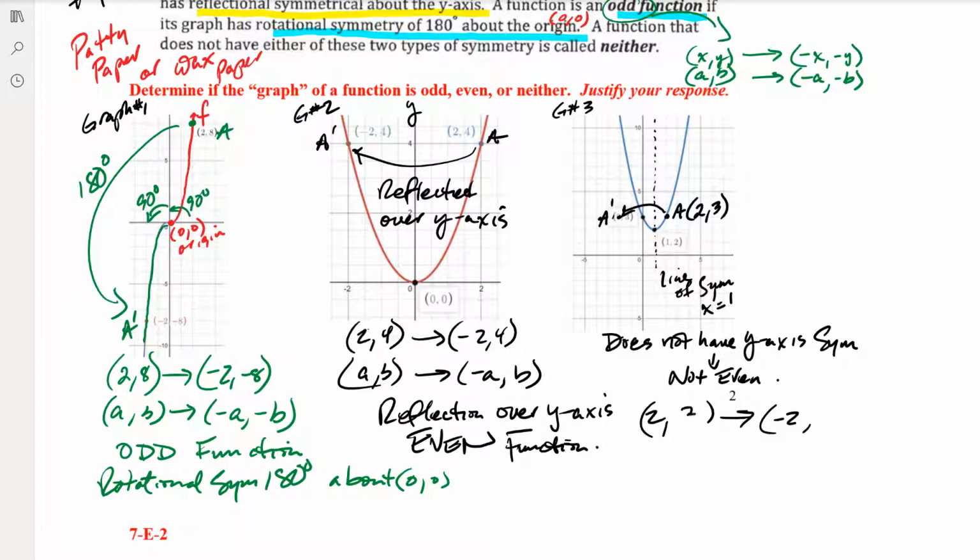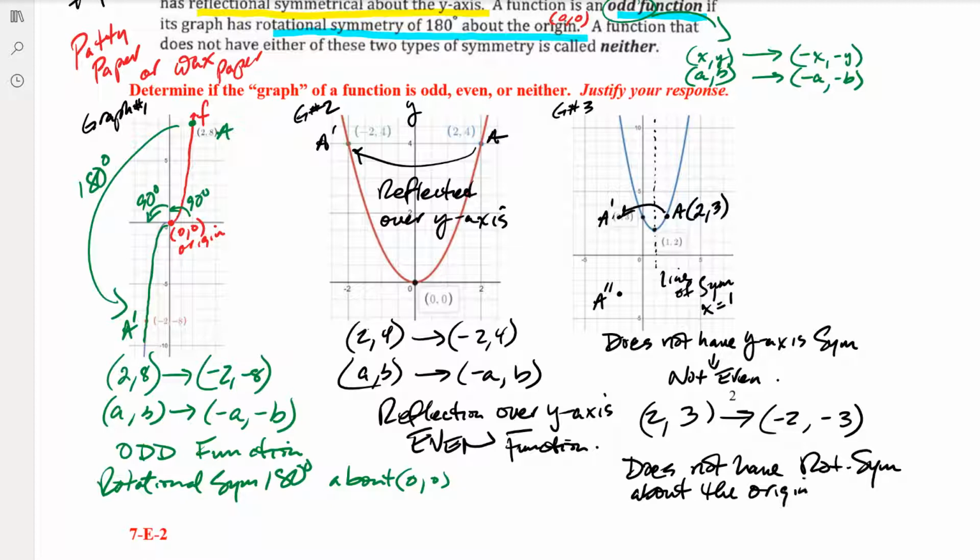So 2 comma 3 would get transformed to negative 2 comma negative 3, which would be down here in quadrant 3. We'll call this A double prime. And of course the graph's not there, right? So this graph does not have rotational symmetry about the origin. And because of that, it's not odd.